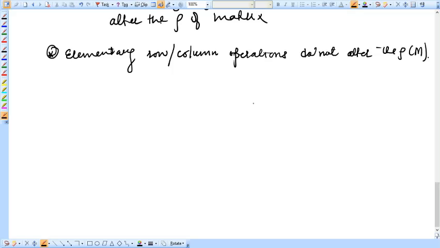So this is about the invariance of the rank under the elementary operations.